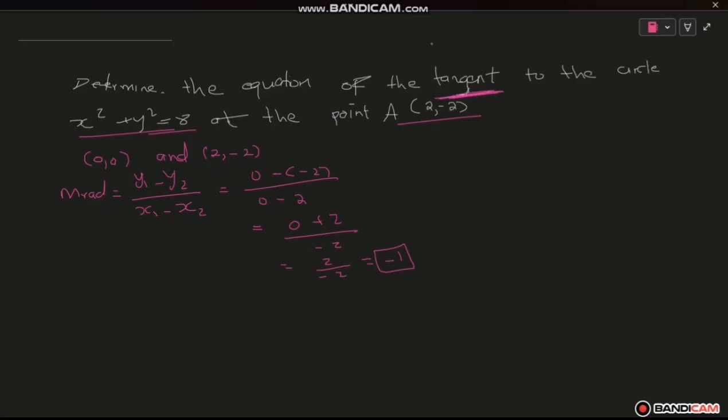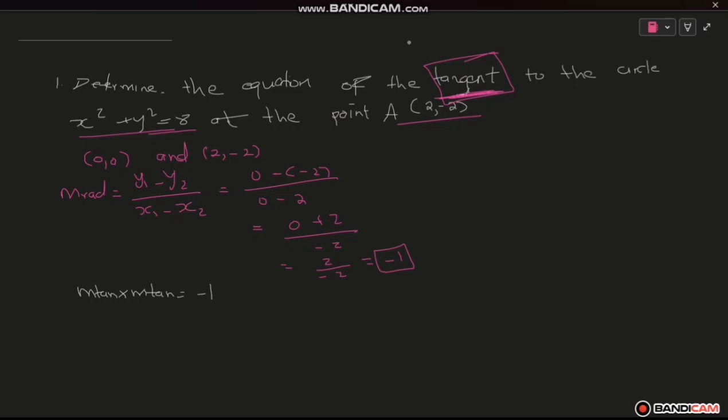It is not the one that you're going to substitute on the formula of the tangent, but we must actually find m tangent in order for us to find the equation of the tangent. I hope you understand that. So step number 2. This is step number 1, where we calculated m radius. Step number 2: m tangent times m radius equals -1.